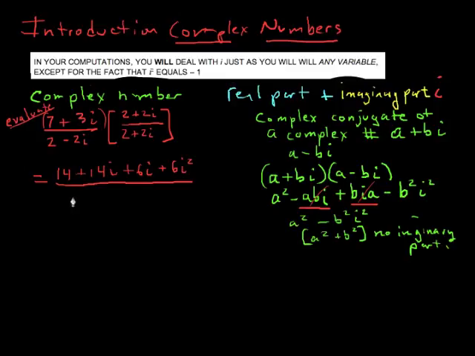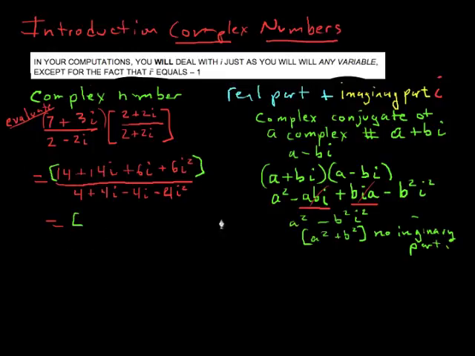We have first, which is 2 times 2 is 4. That's outer, plus 4i, inner is minus 4i, and last is minus 4i squared.